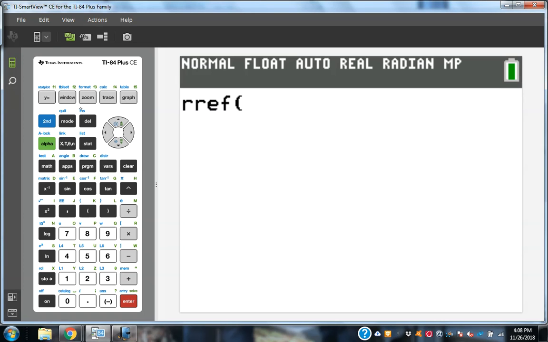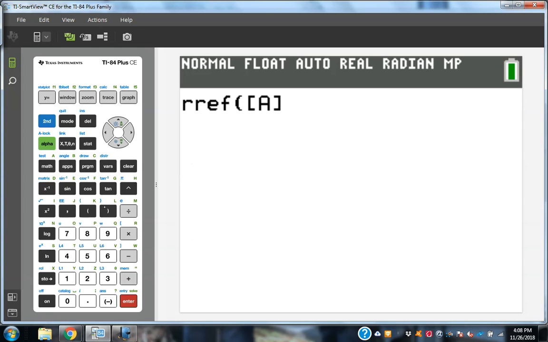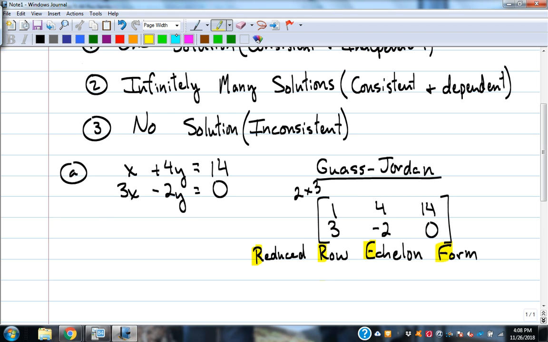So RREF, press enter, and then we're going back to the matrix to tell it what to do that to. I put mine in matrix A, so I'm hitting enter for that. You don't have to close those parentheses. I just do. And there we get the reduced row echelon form of this, which is 1, 0, 2, 0, 1, 3.